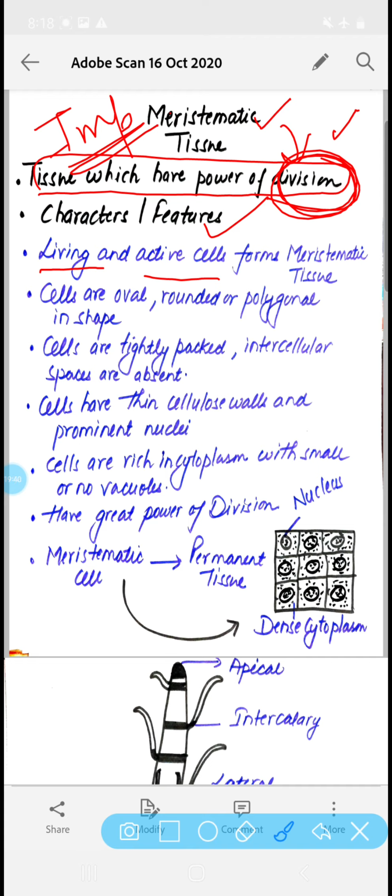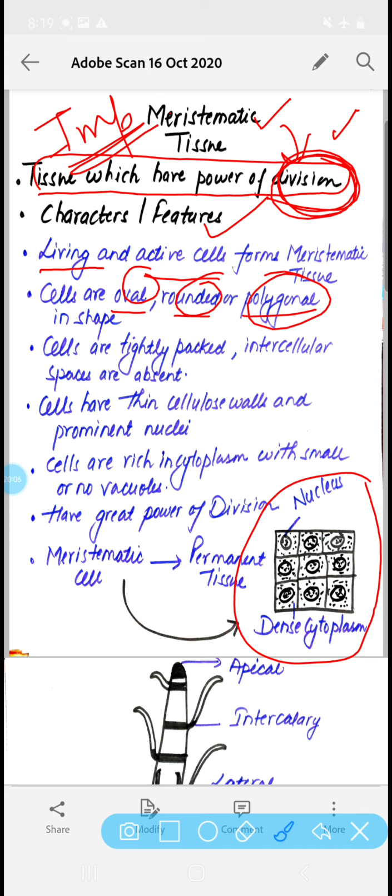ओके. Secondly, if we see the shape of the meristematic tissue, the shape can vary from oval, राउंडेड और पोलीगोनल शेप. आपने मैथ्स में डिफरेंट शेप्स पढ़ी हुई हैं. आई होप यू ऑल आर फैमिलियर विद ऑल दीज काइंड ऑफ शेप्स. Okay, now I have shown the diagram over here which is representing the meristematic tissue.